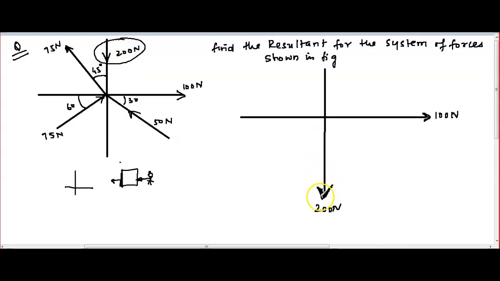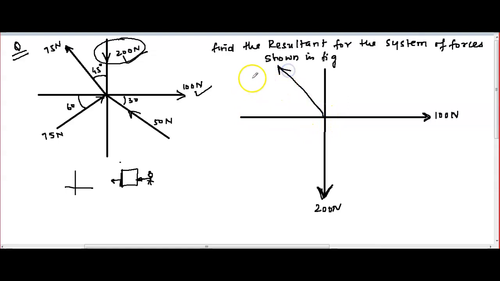So now you don't have to be confused about which one to take. Because an outside force is given, you know how to do it, right? So all the forces given inside, I am converting to outside. This is done. This is done. This is already outside, so nothing to do.